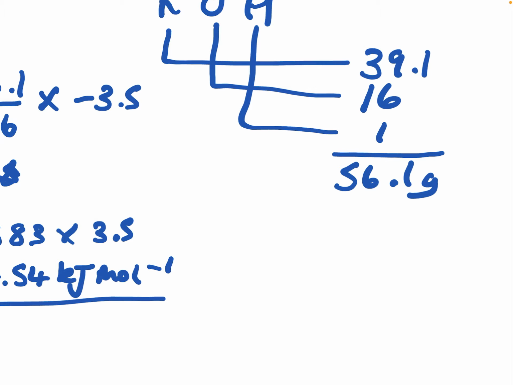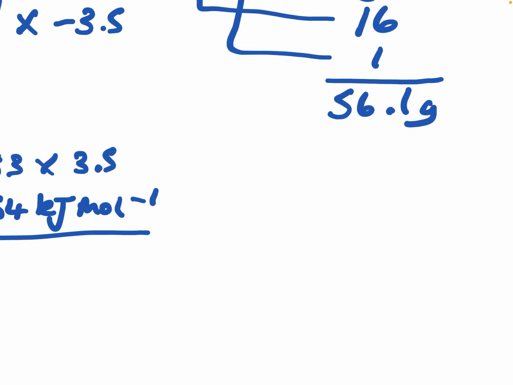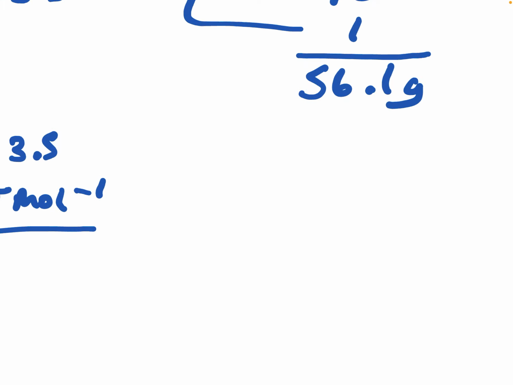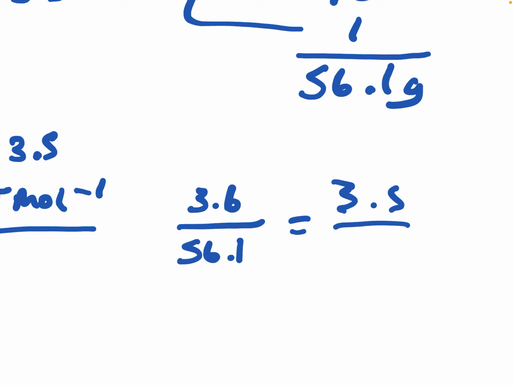For those of us that are enjoying the cross multiplication, I'll do that here for you in the bottom corner. Let's go for it. So that'd be 3.6 divided by 56.1 equals 3.5 over x.